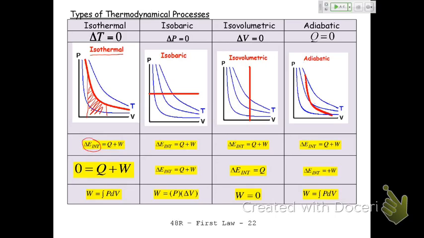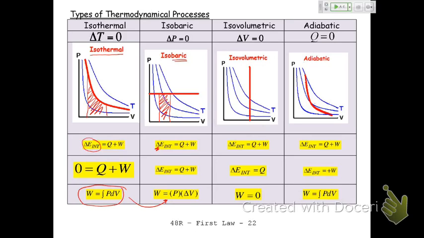Isobaric: we use isobars for measuring pressure, so isobaric means constant pressure. Constant pressure is actually not that significant for other ramifications. I still get that my change in internal energy is equal to Q plus W, and because this is a nice flat-topped relationship, my work simplifies into the pressure times the change in volume.